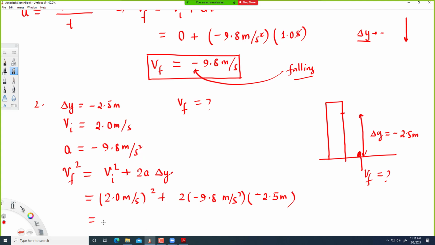Okay. So if you do the math, this will give you Vf squared is equal to 45. So this would be 45. We have meters per second squared. Okay, so that means we have meters squared per second squared.